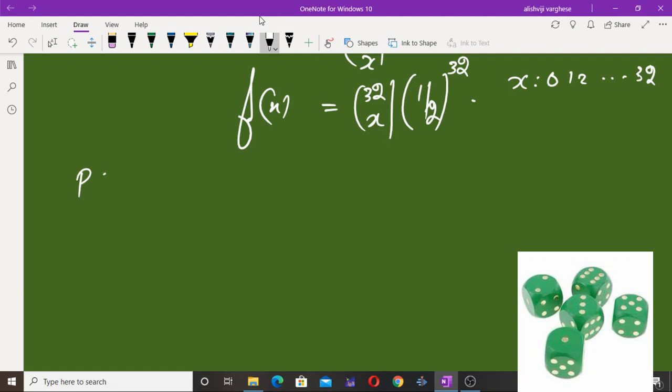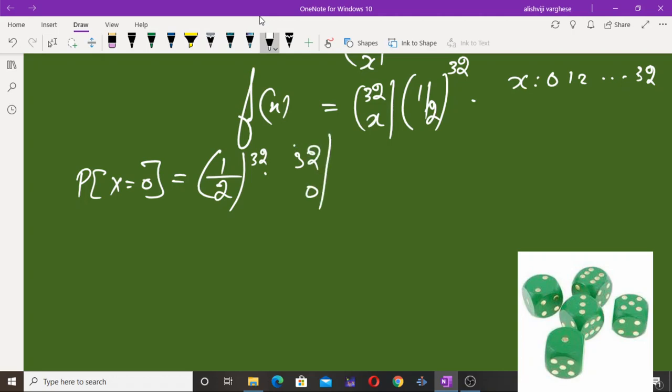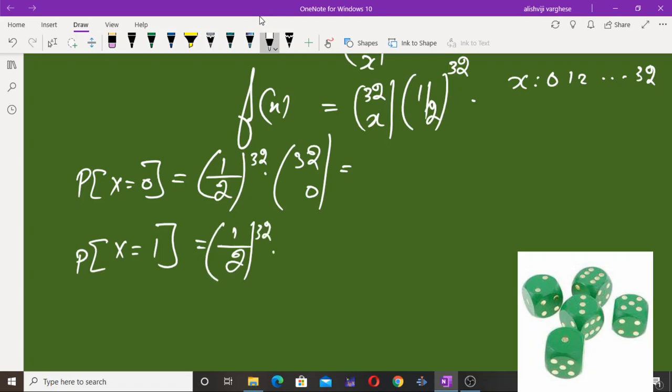Now we can directly calculate the probability that x is equal to 0. That's equal to 1 by 2 raised to 32 into 32C0. And the probability that x is equal to 1 is 1 by 2 raised to 32 into 32C1.